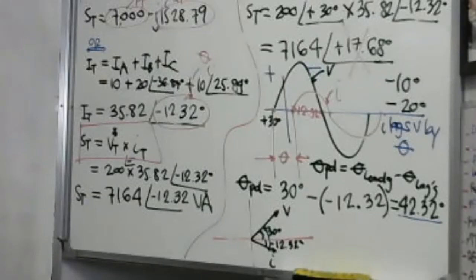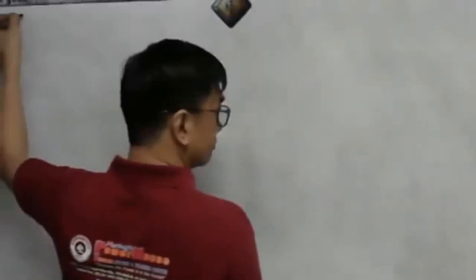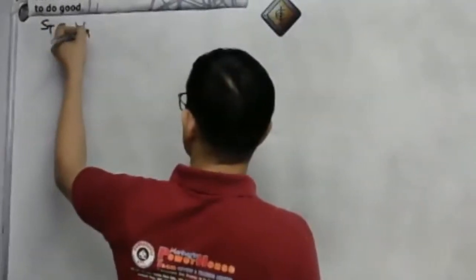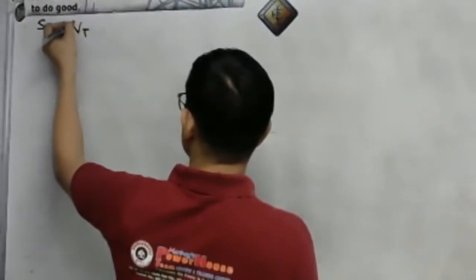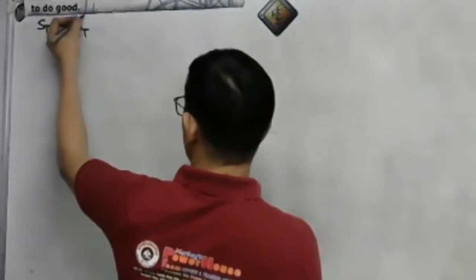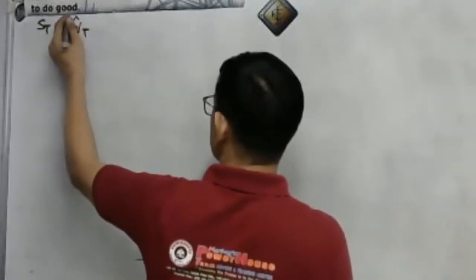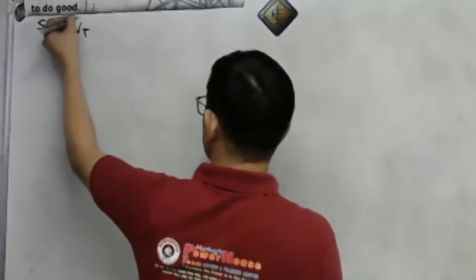What do I mean here? Okay, I will rewrite S total is equal to the voltage conjugate. In some books, they designate this, other books use an asterisk.